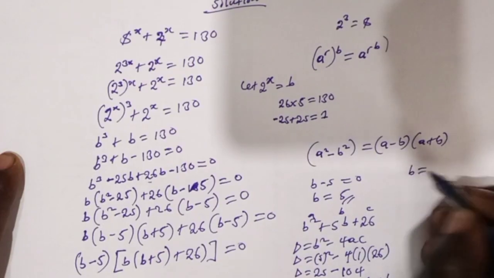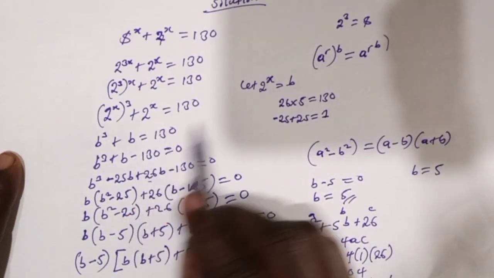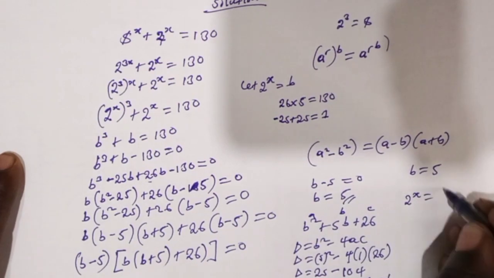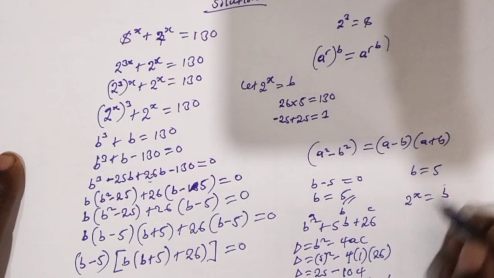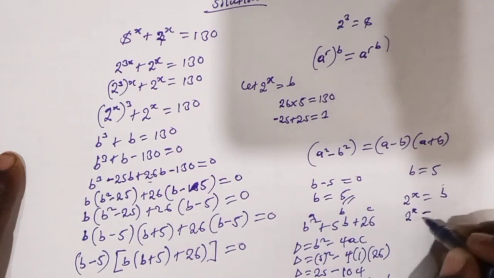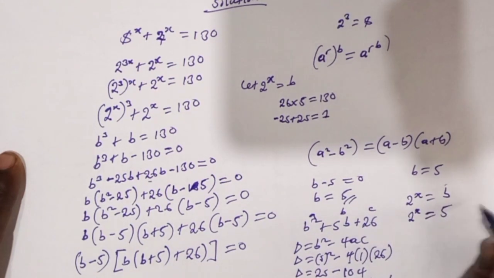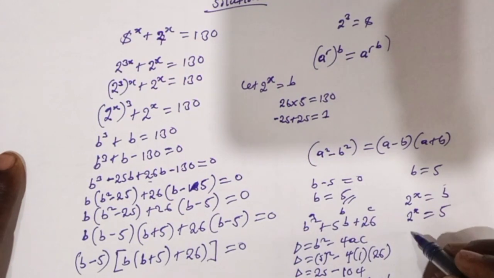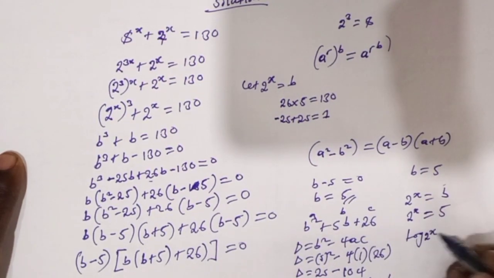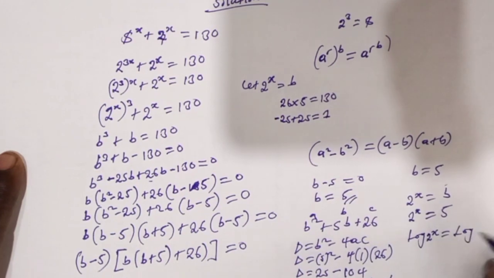So b equals 5. Remember we had 2 to the power x equals b, so we substitute where there is b with 5. So 2 to the power x equals 5. Then we take log on both sides: log of 2 to the power x equals log 5.